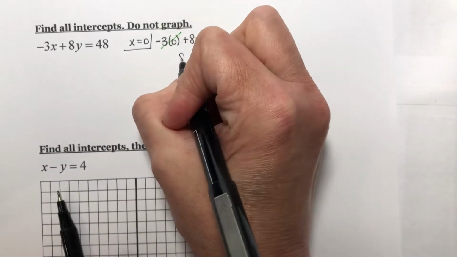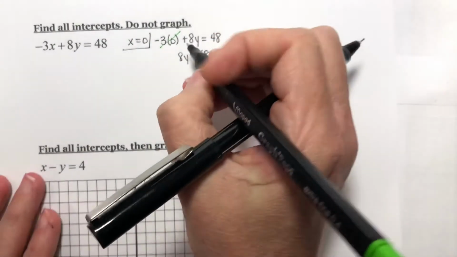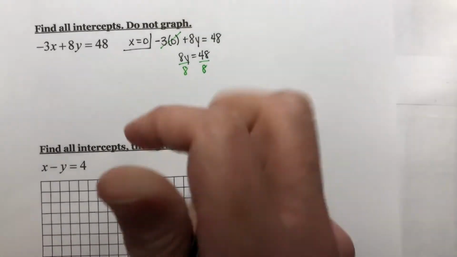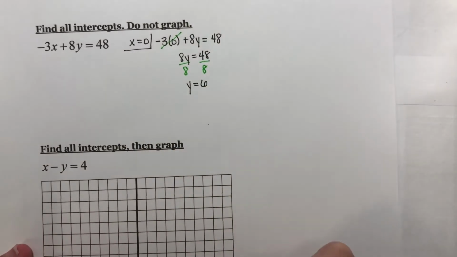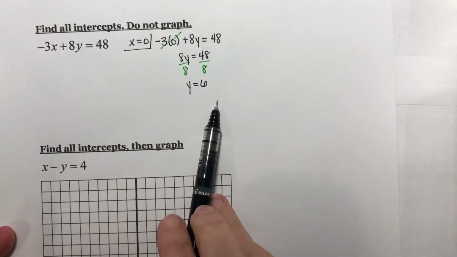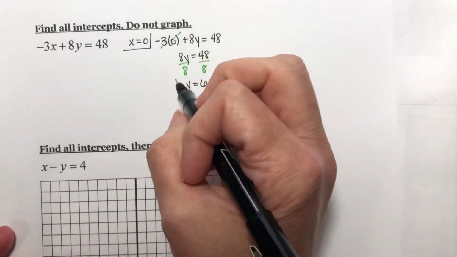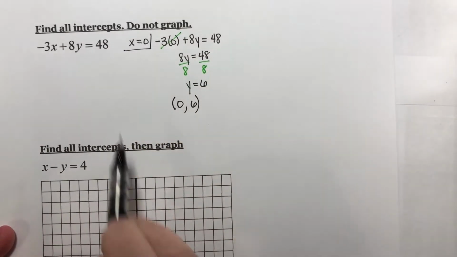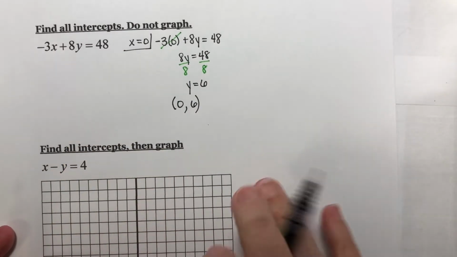So I have 8y is equal to 48. I need to divide both sides by 8. And that gives me that y is equal to 6. Now all I have to do is make an ordered pair out of this. Make sure you put your x value first, your y value second. (0, 6). We got rid of x, so this is our y-intercept.